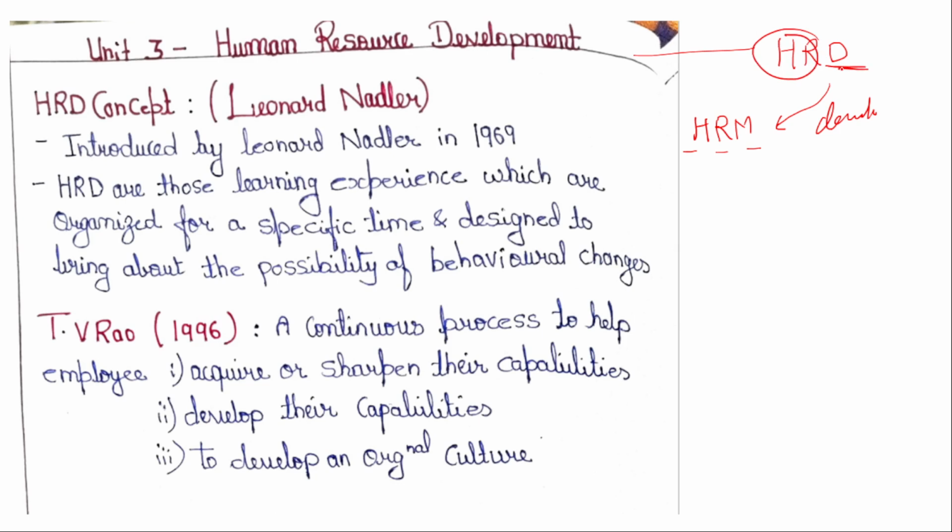This is a long term process, not a short duration process. It focuses not just on improving current skills but on the lifelong career development of an employee or the person working in an organization.